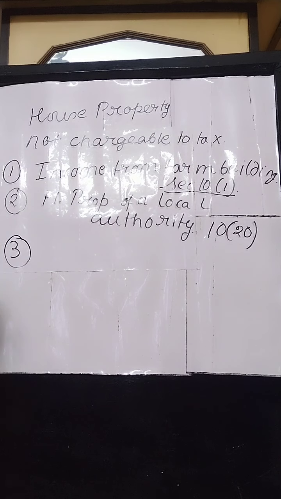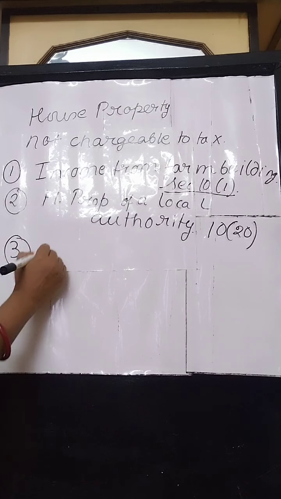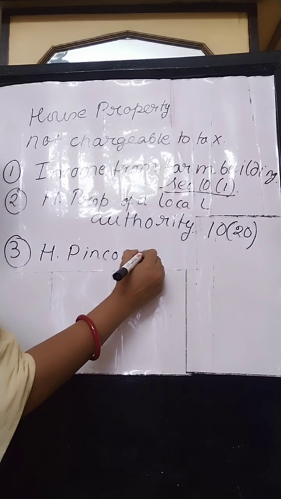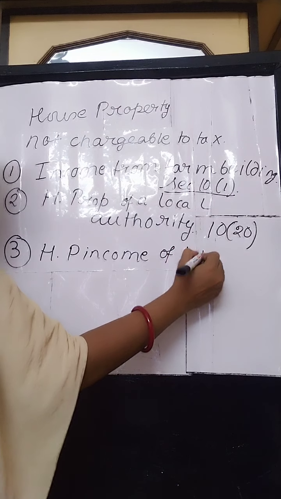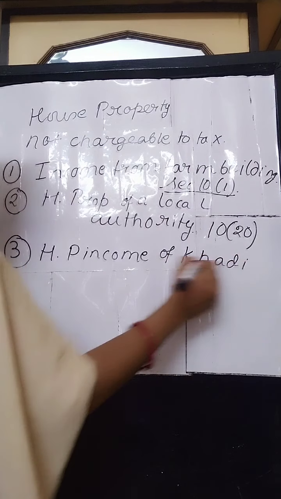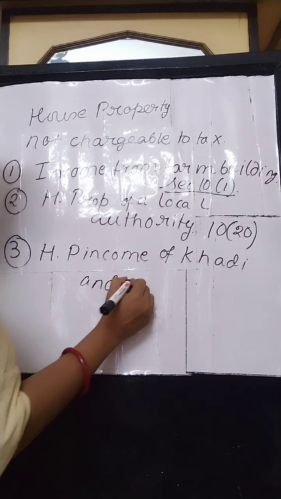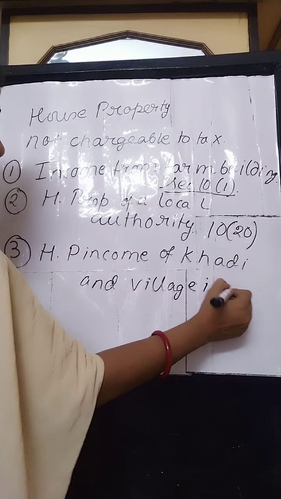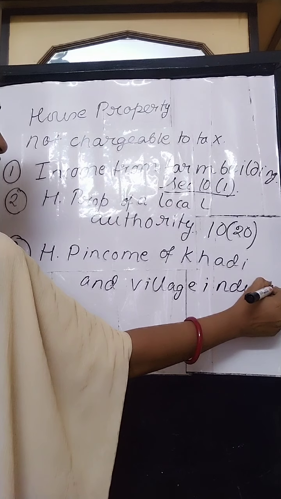Third one, which is not chargeable to tax. There are many, but I will write a few which are important for you to remember. House property income of Khadi and Village Industries Board. Village industries means cottage industries.